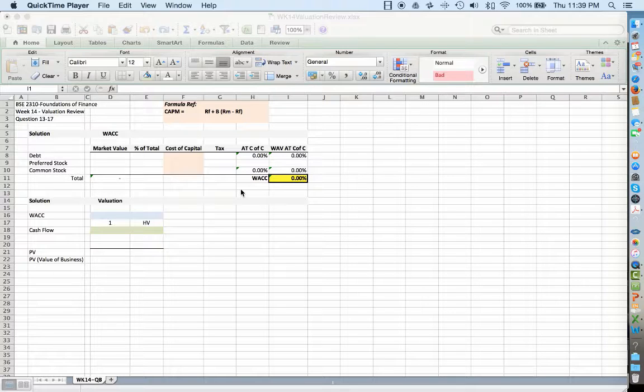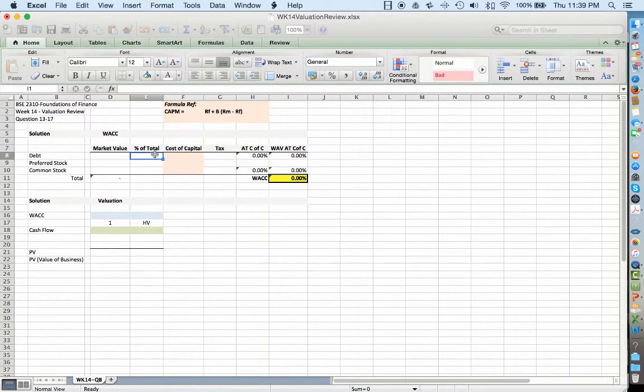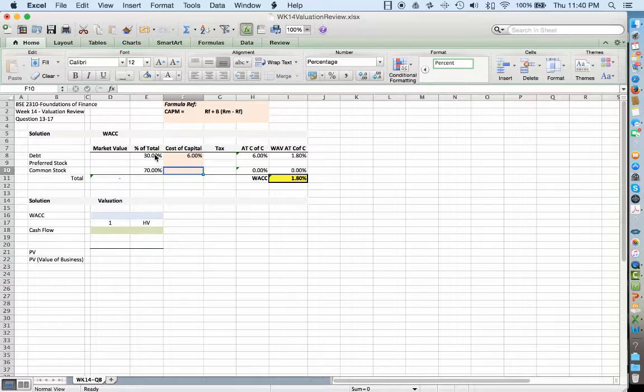Let's begin by taking some of that information, and the first thing I'm going to do is calculate the WACC. The problem tells us that the company believes that 30% of the capital will be debt, and the remaining 70% will be equity. It also tells us that 6% will be the rate of return on that debt, and 11% will be the cost of equity capital.